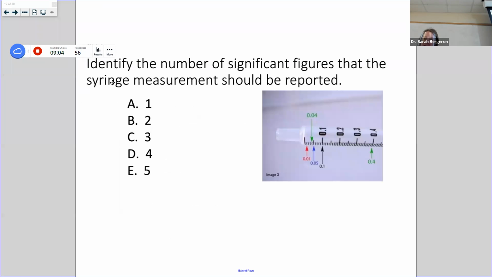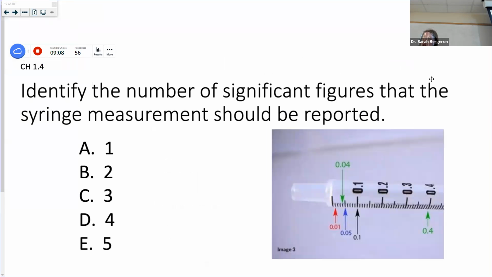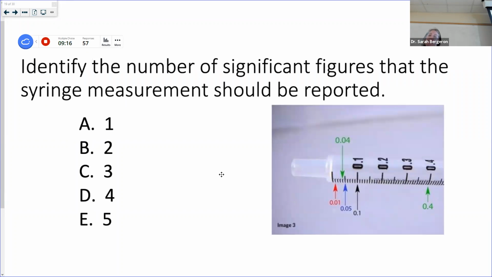Full screen. Okay. What I want you to do is look at our measuring device and identify the number of significant figures that you should report for this measurement. This is what you're going to do, right? You're going to have to write in somebody's chart that I gave this person so much of a dose. How do you know what to write? What's our rule for significant figures?